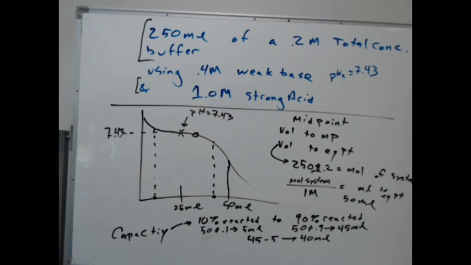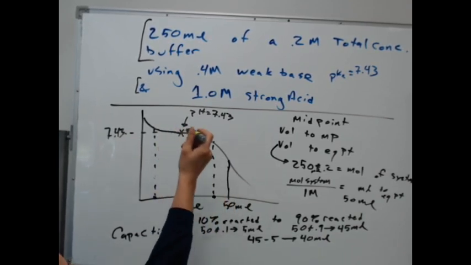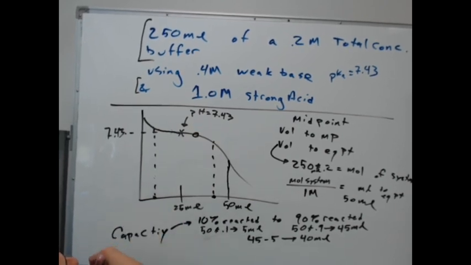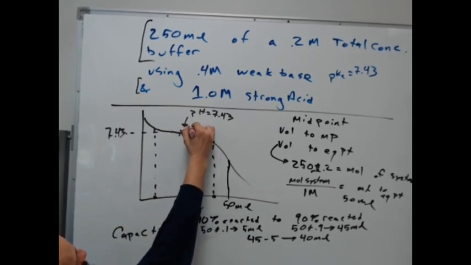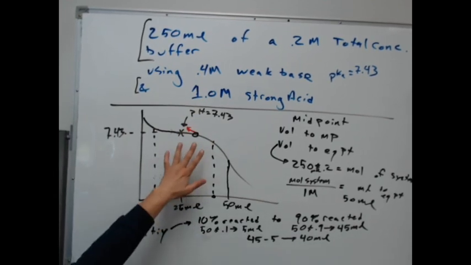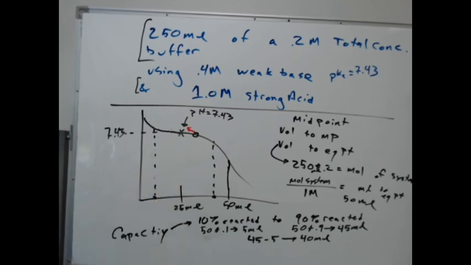Part C, which was changing the original buffer by adding 4 milliliters of 1 molar sodium hydroxide. This would be like, instead of adding approximately something like 25 to 50, let's say 32, that would be essentially moving us backwards a little bit. And the problem is, without having the exact value in here, we don't know how far back we're moving, but it again gives us some kind of idea.